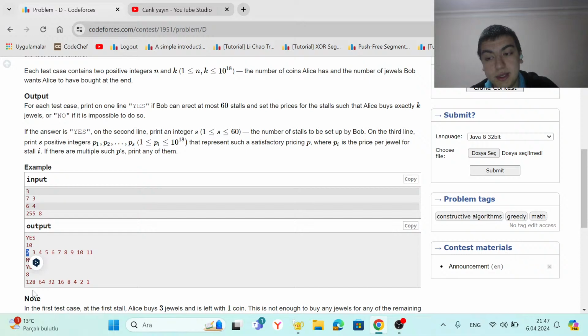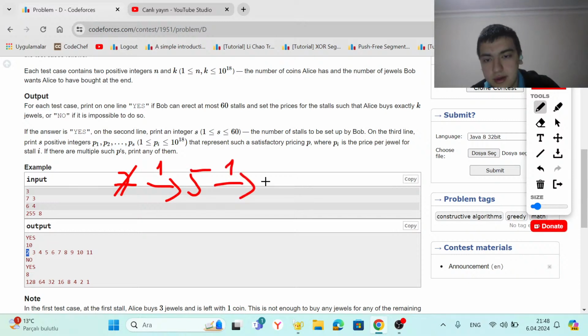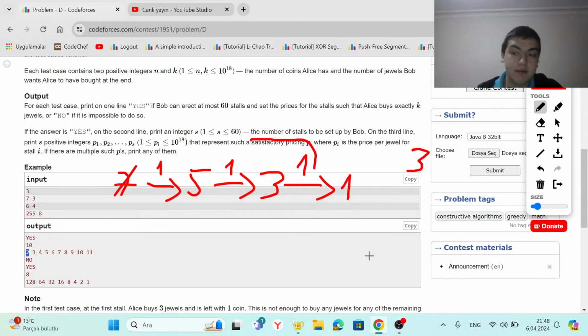When we set the first cost to 2, she will buy exactly 3 jewelries, because first she has 7 coins, then she buys 1, her coins become 5, then she buys 1, her coins become 3, and she buys 1, her coins become 1, and this way she has bought exactly 3 jewelries.